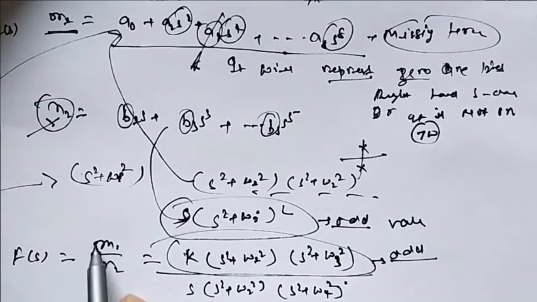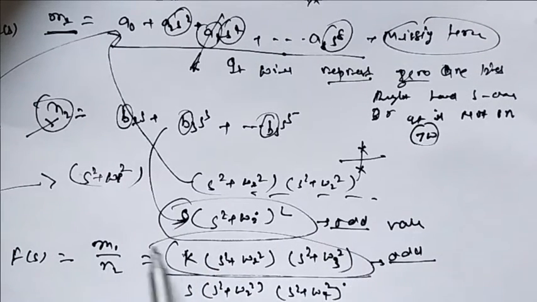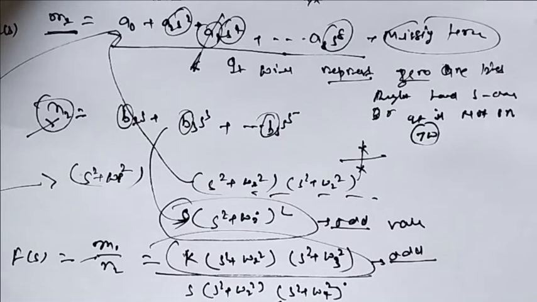This is your even term, and this is your odd term because it has been multiplied by s.